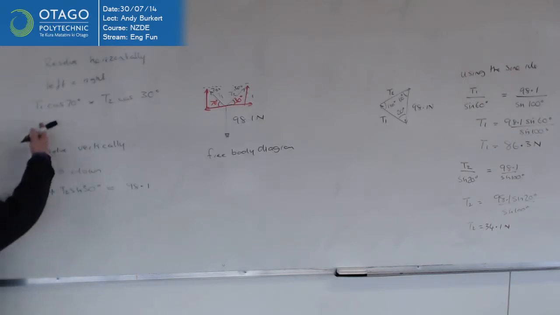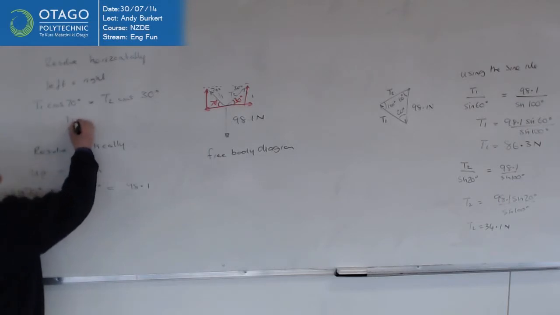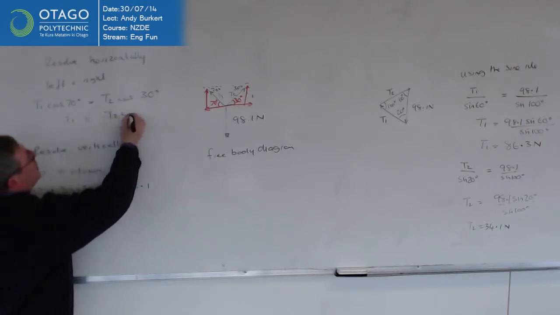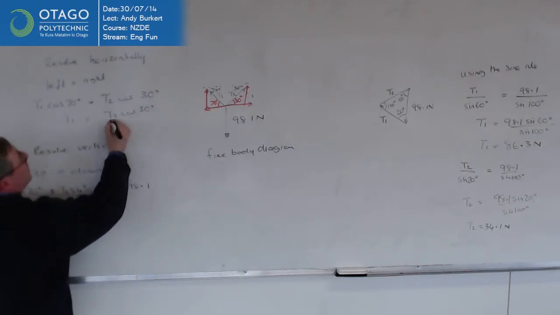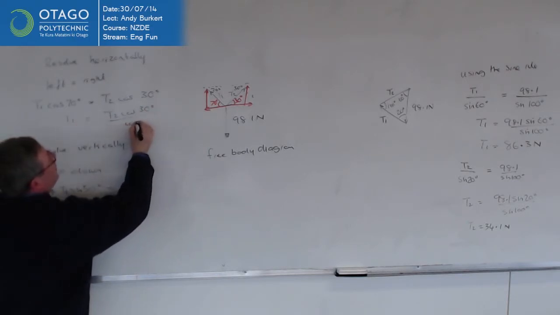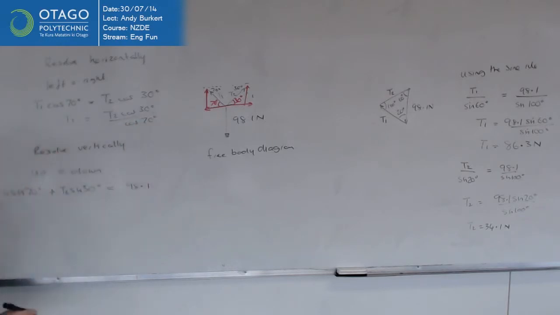But what can I say T1 equals? T1 is going to equal T2 cos 30 degrees divided by cos 70. Yeah? So then we can replace T1 in this with that one.